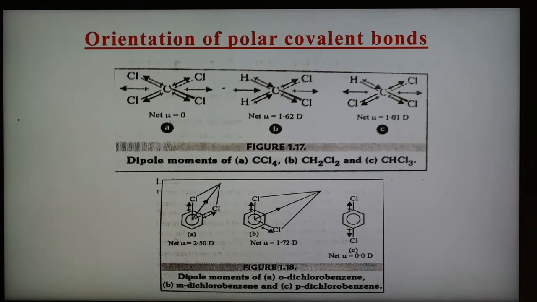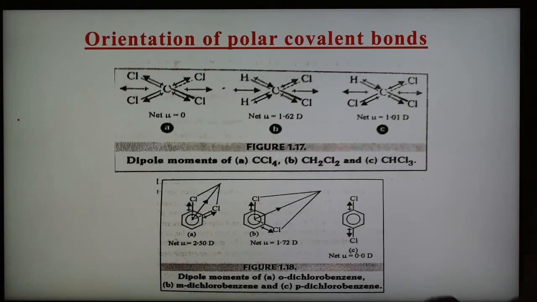For example, the dipole moments of methylene chloride CH2Cl2, chloroform CHCl3 and carbon tetrachloride CCl4 are shown here, that is 1.62, 1.01 and 0 in this slide.